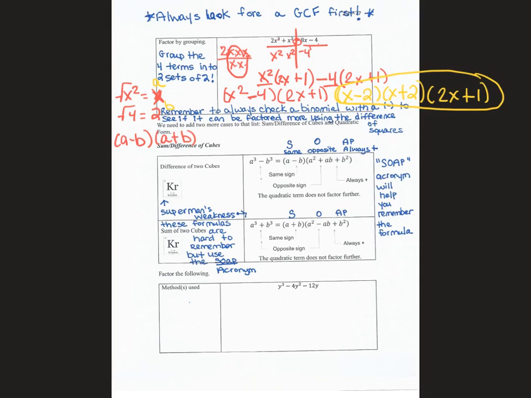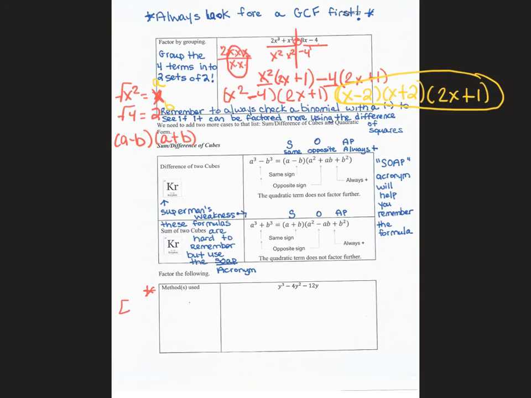So, it might be good, before we go on to this next set of sum of differences and sum of cubes, for us to skip over in our packet just a little bit and do some practicing of our factoring. So, let's see. Why don't you come here to this one?